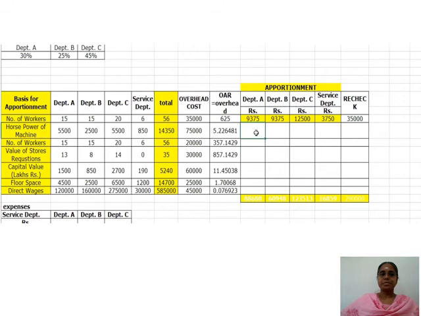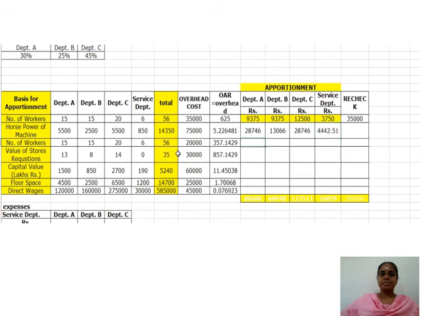Then for the department A, for the next row, you have here 5,500 into 5.22 overhead absorption rate. Then 2,500 into overhead absorption rate. 5,500 into overhead absorption rate, 850 into overhead absorption rate.